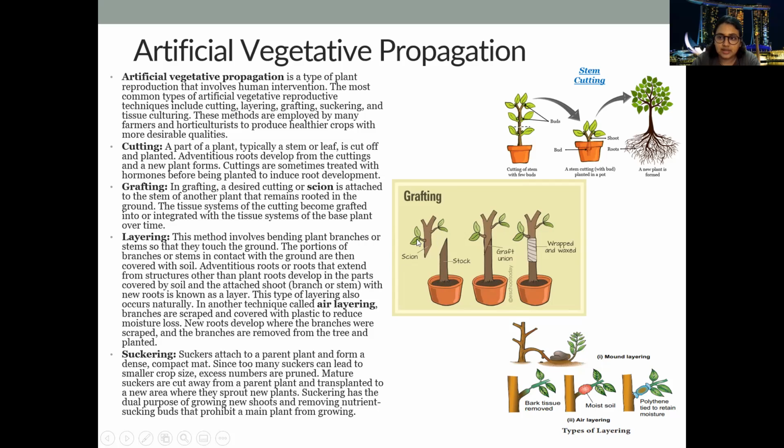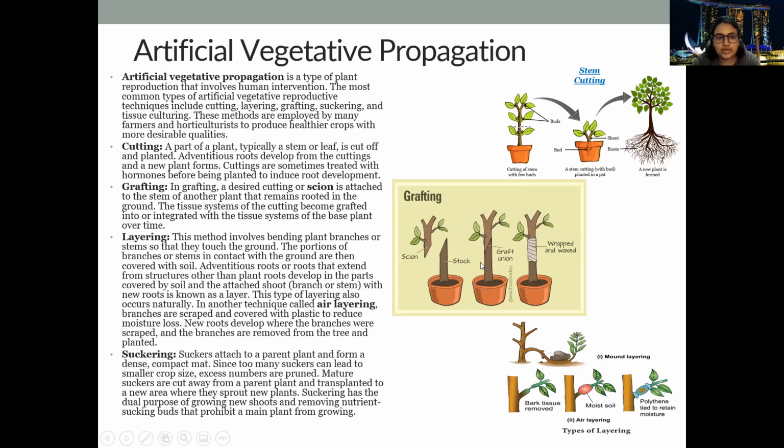Then I take the desirable part of the plant, which is called scion, and it is grafted here on the part of the plant which is already rooted. The part of the plant which is already rooted is called stock, and the part of the plant which is grafted is called scion. This is also an important short question.